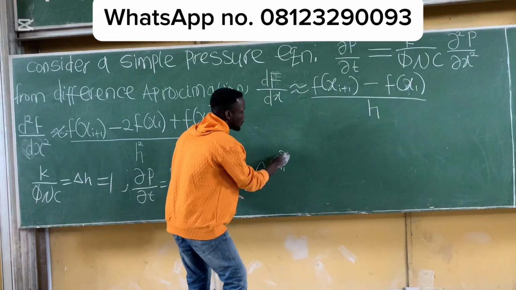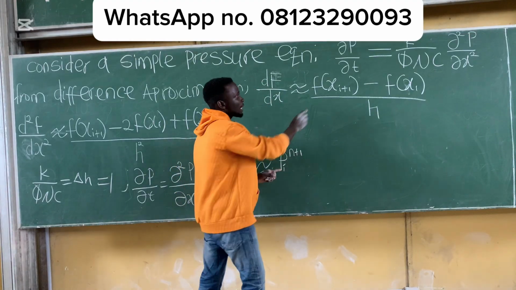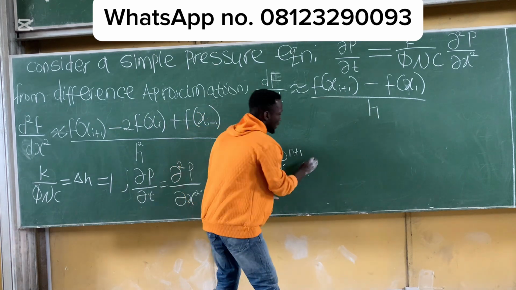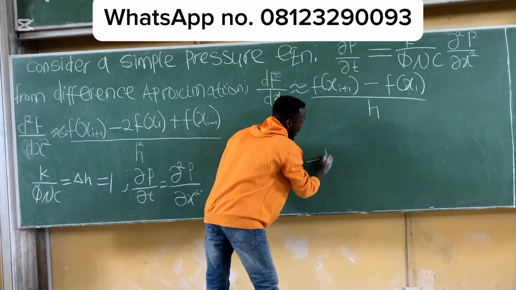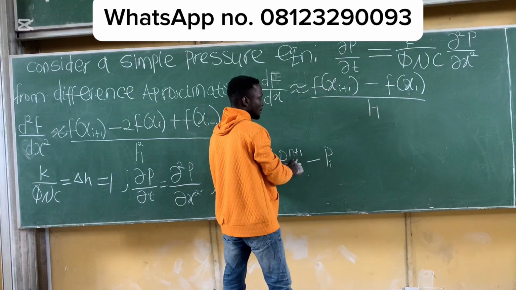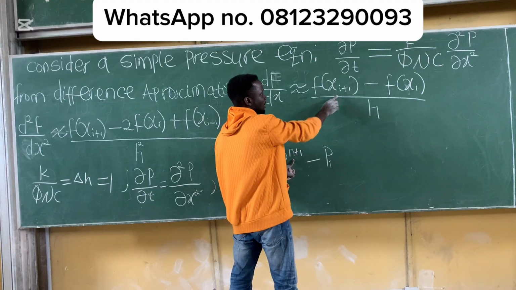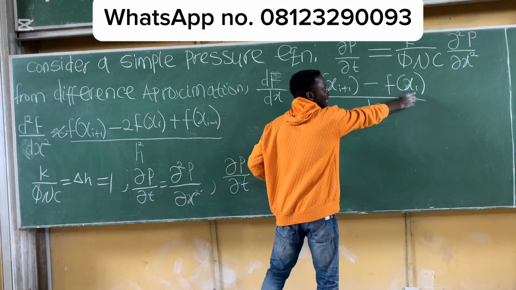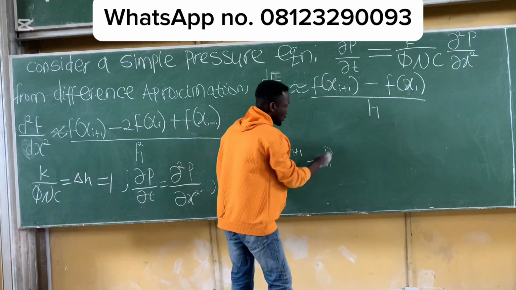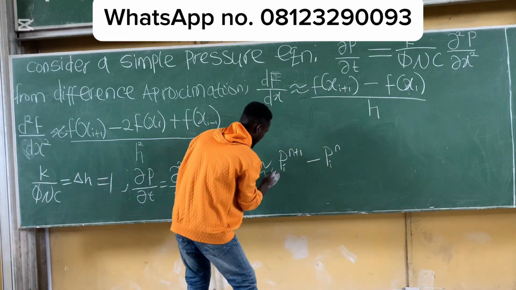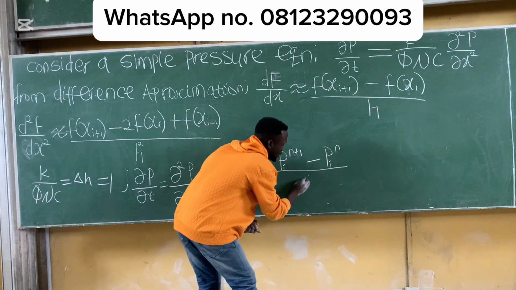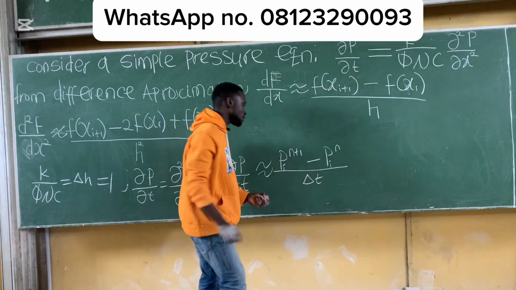So this now becomes n plus 1, instead of i plus 1, then minus our F here, Pi. If n plus 1 is like i plus 1, xi will be P raised to the power of n, divided by our h, which now will be delta t.